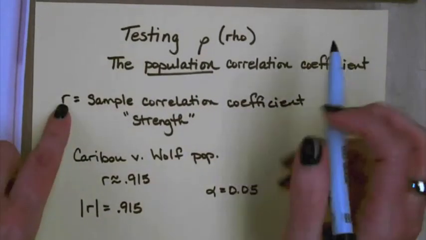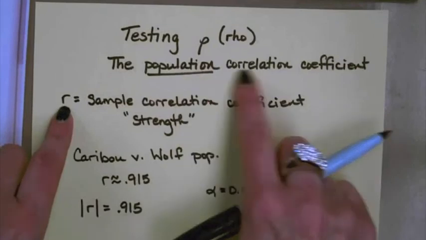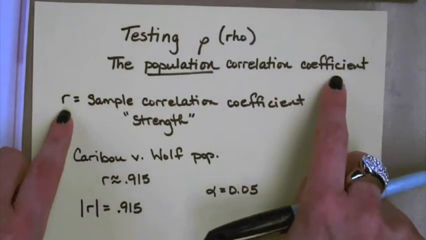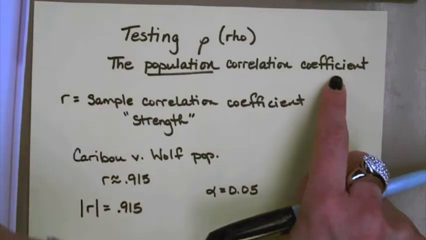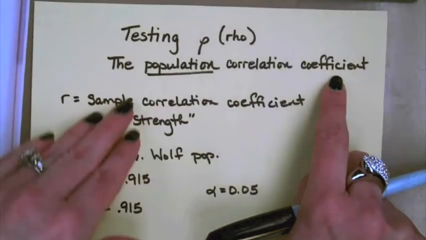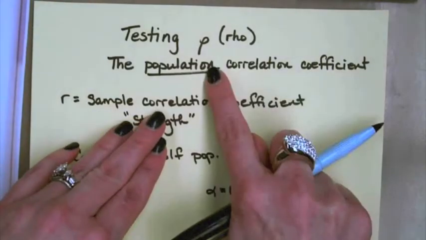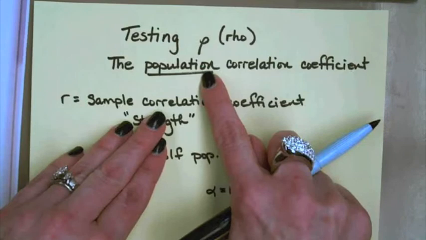So in conclusion, or to summarize what we're talking about today, rho is simply the population correlation coefficient. It's the same thing as R, but instead of being just for a sample, it's can we go ahead and conclude that what we have done in our sample will also hold true in the entire population.